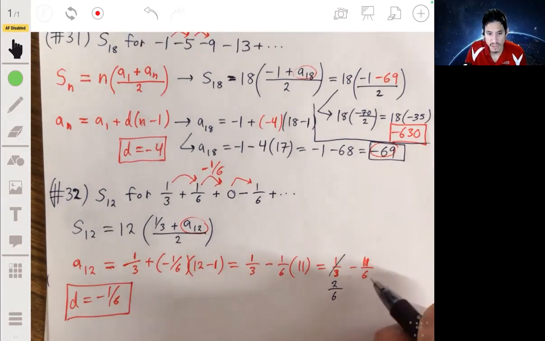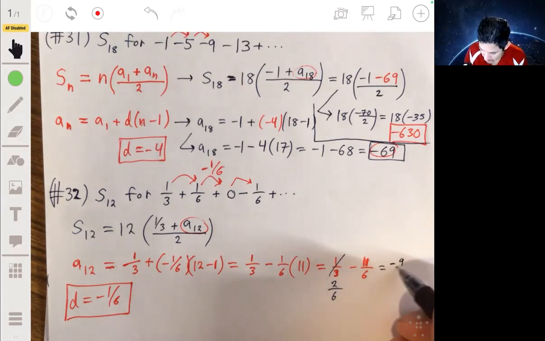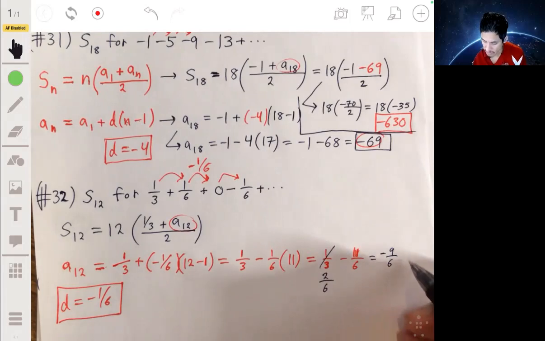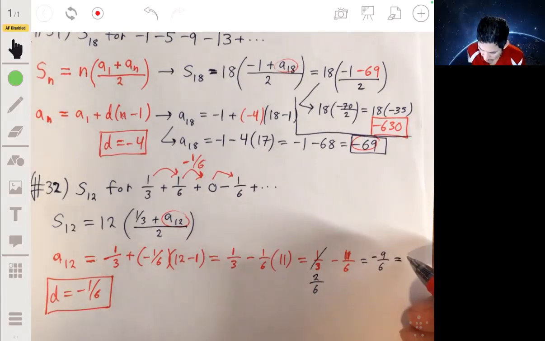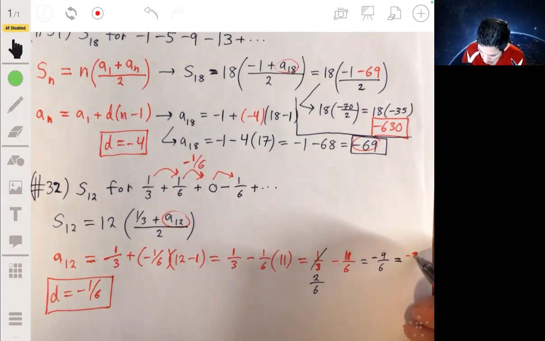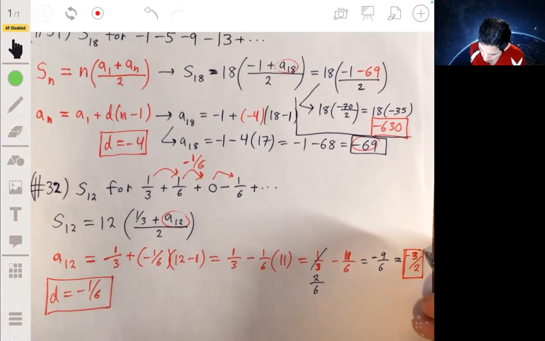So you have 2/6 minus 11/6, which would be negative 9/6. Reducing that, they both can be divided by 3, so this would be negative 3/2 for your 12th term.